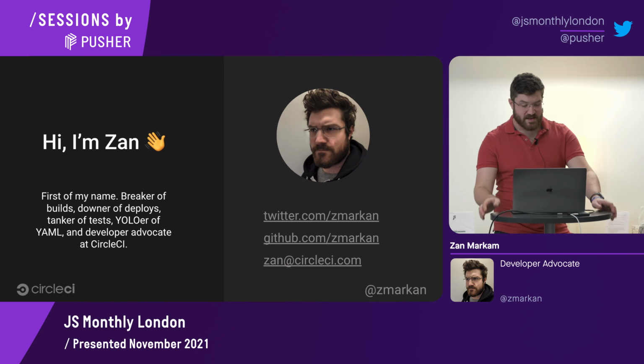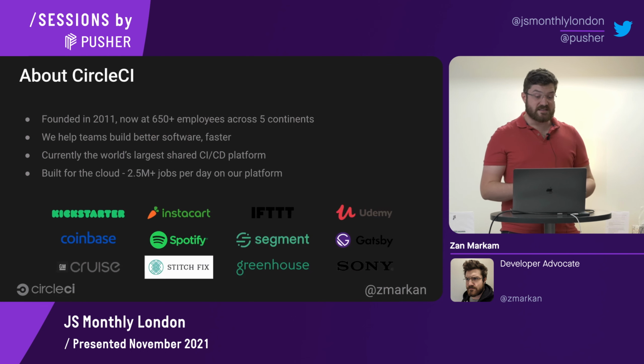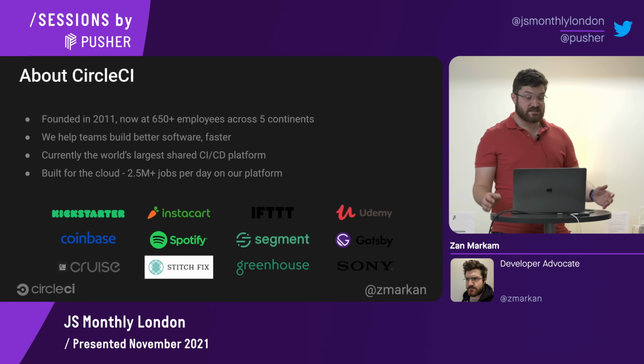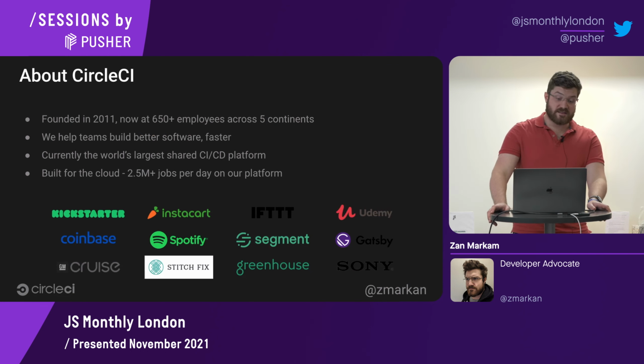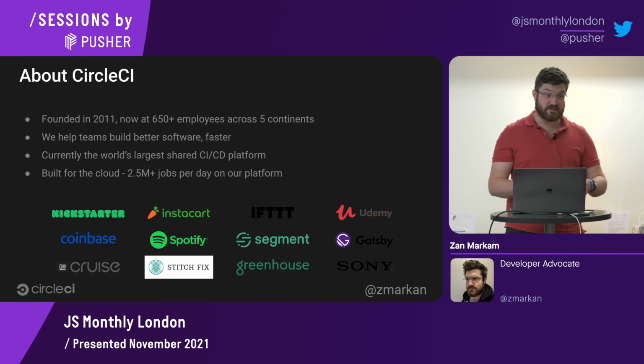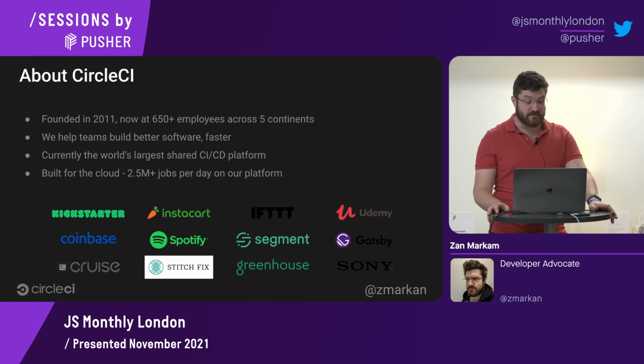My name is Zan Markan. I'm a developer advocate at CircleCI, and yes, I have broken many pieces of software, many builds in my career, and I hopefully have learned something about it. We are a CI/CD platform, the biggest in the world, and we help projects, teams, and organizations all over the world build software better, faster, and more effectively.